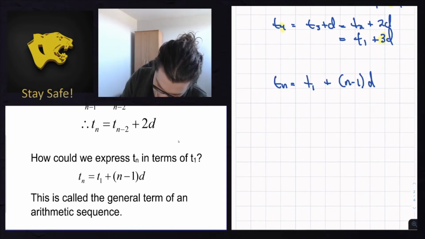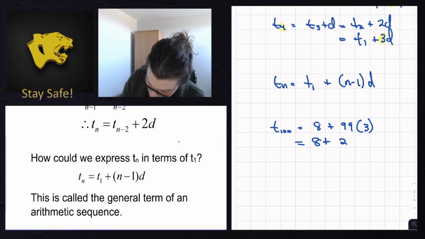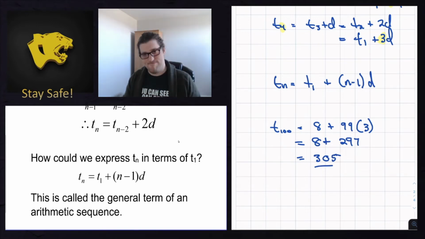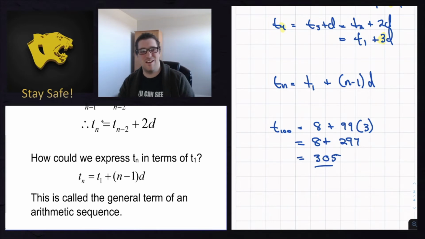In the example we just had, if I wanted T100, that would be equal to 8 plus 99 times 3. So 100 times 3 would be 300, so it's 297, which is equal to 305. So that's much shorter than counting up every single one of the 100 terms that are involved there. So kind of nice.